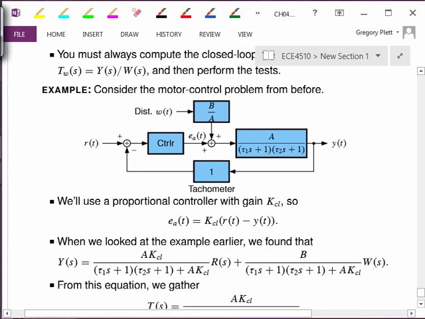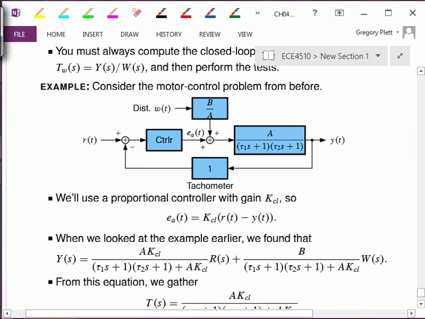As an example, we consider the motor control problem from before, and this is the configuration that we had.